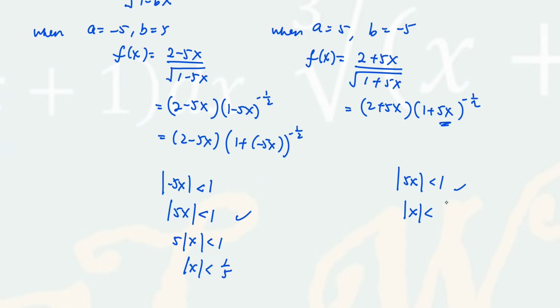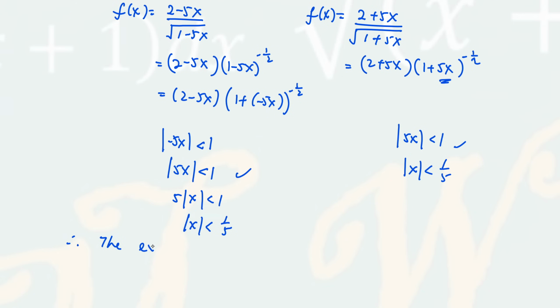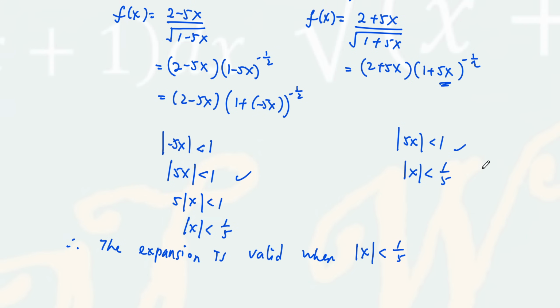So same goes with this, which means the expansion is valid when modulus x is less than 1 over 5. Okay, so this is how we solve this set of x values for which the expansion is valid.